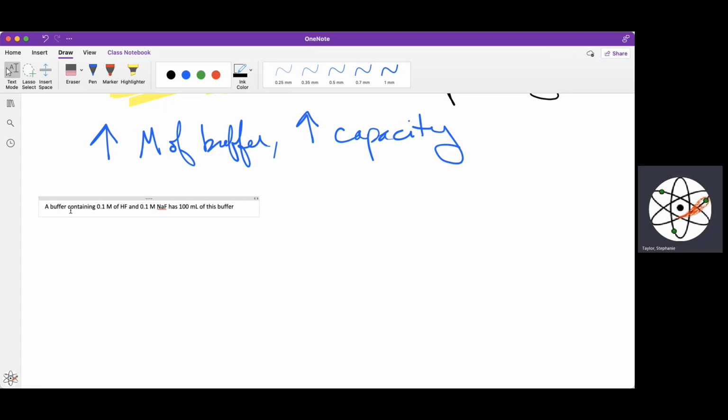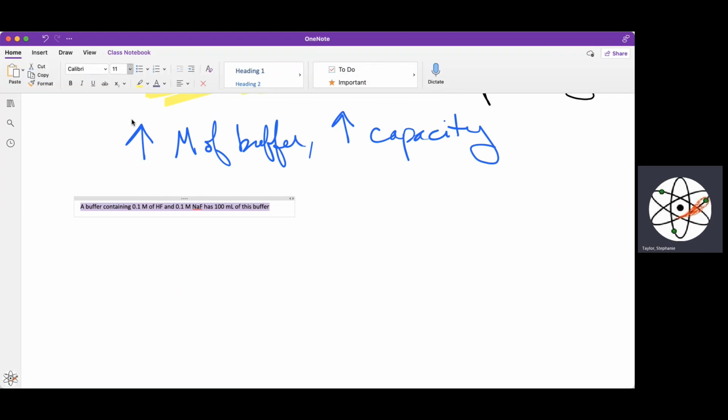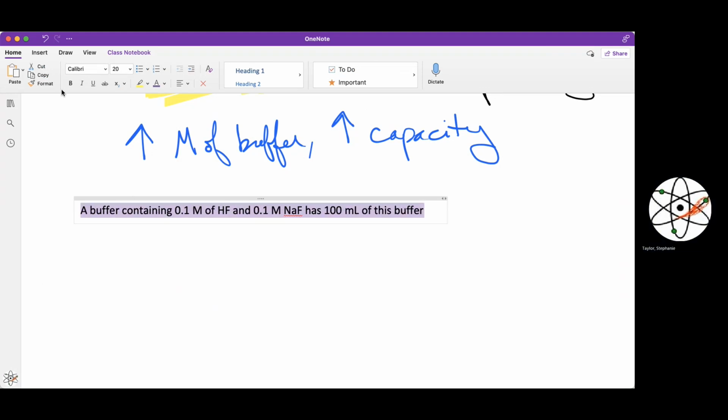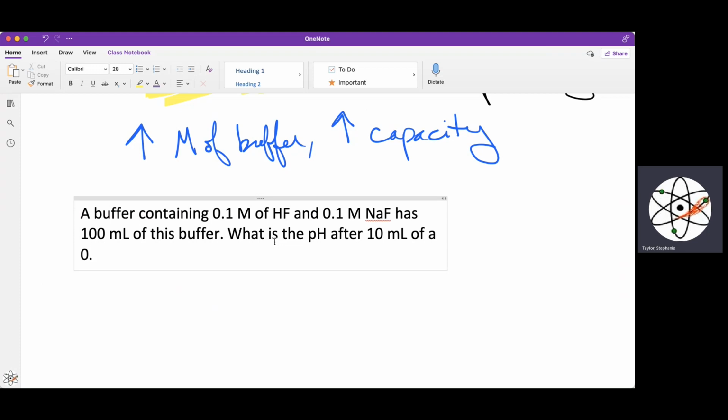This is not very good English writing, I apologize. This is the reason why when we write exams, it goes through a couple of people so that my syntax can be edited. What is the pH after 10 milliliters of a 0.2 molar sodium hydroxide solution is added?